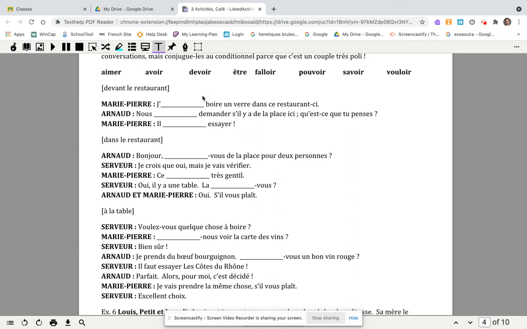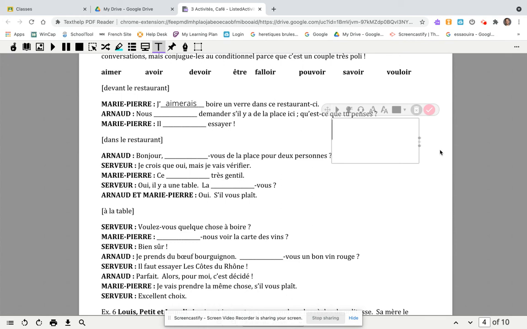That's not going to work. Avoir is not like have to, but devoir is, but that doesn't work either. It looks like aimer, starting with a vowel, that will work. So if it's Marie-Pierre talking in the je form, we're going to use the root aimer and then add ais. So j'aimerais boire un verre dans ce restaurant-ci. I would like to have a drink, basically, drink a glass in this restaurant here.